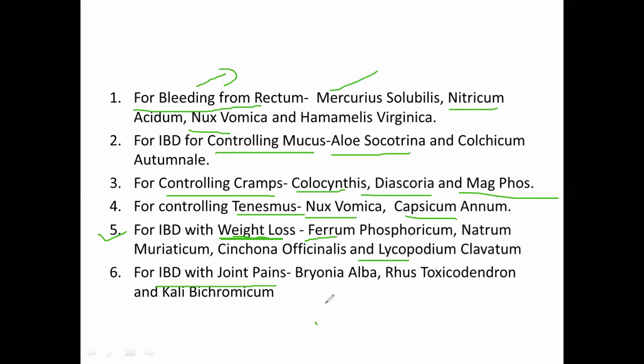We have already seen that inflammatory bowel disease has some extraintestinal manifestations, in which the joints are also involved. So if joints are involved, meaning the patient may have some arthritis or spondylosis, then Bryonia alba, Rhus tox, and Kali bichromicum can be used.